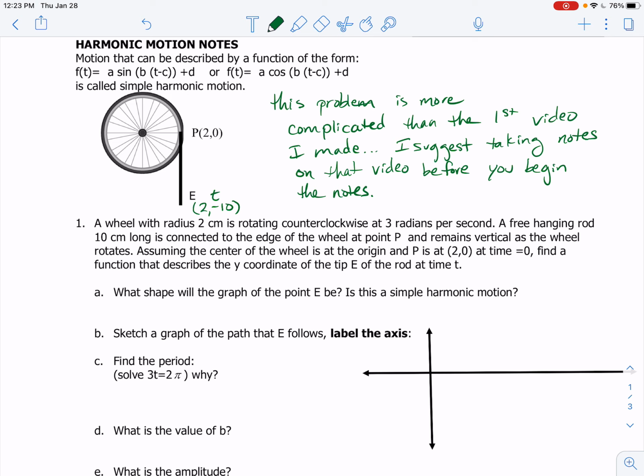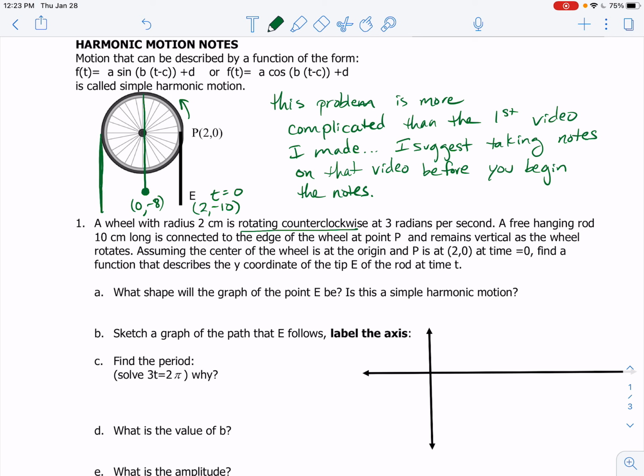Okay, so this would be at time 0. They did tell us that it's rotating counterclockwise. So it's going to do something like that. Then at whatever time, this is going to be the coordinate 0, -8. Do you see how that's hanging down? It's not hanging down quite as low. And then this one, we don't know the time yet.